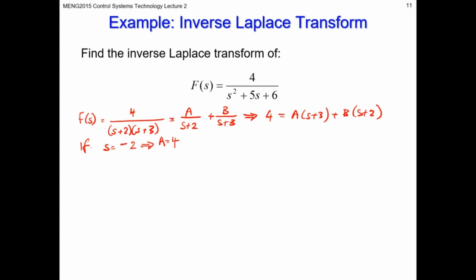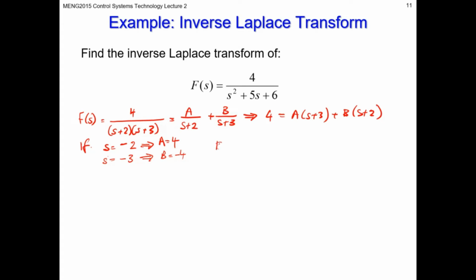Because if you do s equals minus 2, this goes to 0, and this goes to 1, so a equals 4. Right? And if s equals minus 3, so we're cancelling the a term now, this term is going to 0, so we're going to get minus b here, because minus 3 plus 2 is minus 1 times b, minus b equals 4, so then in that case b equals minus 4.